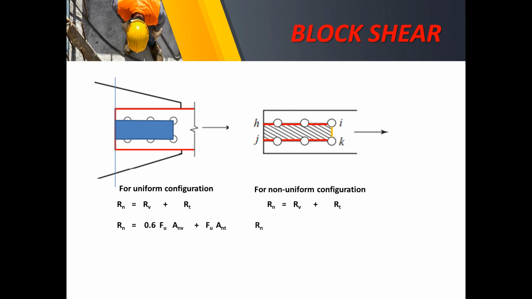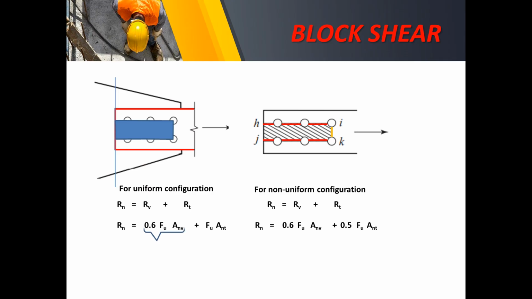Hence, we expand the equation. We have the same expression for the first term, only that on the second term we just have to multiply it by 0.5, or half of it. So this is the effect of the staggered connection.